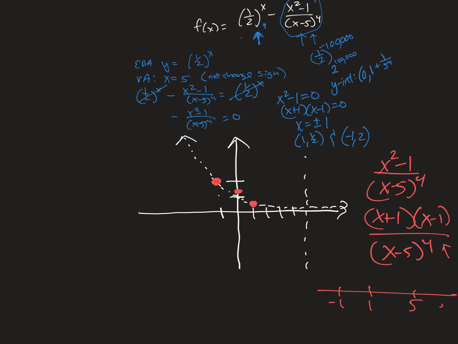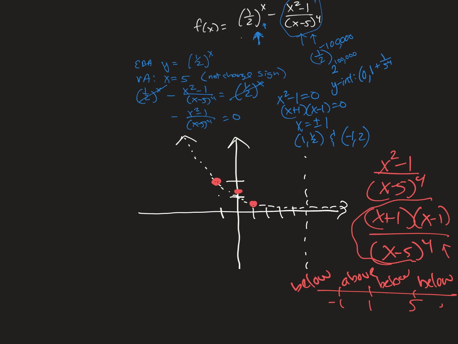But because I'm subtracting this quantity from the EBA in the function, that means greater than 5, I'll be below the EBA. And it's not changing sign across 5 because it's to the 4th, so it will still be below the EBA. Across 1, so for example, I put in 0, this whole quantity here will be negative. So minus a negative in the original function means I'm going to be adding to the EBA, so it's above. And then it's going to switch signs.